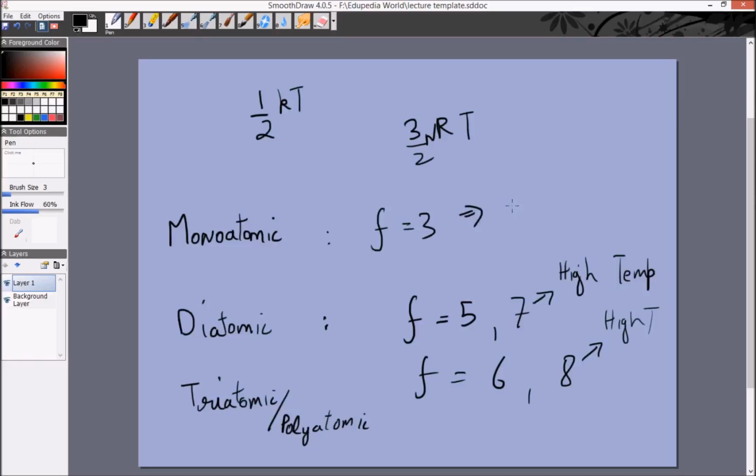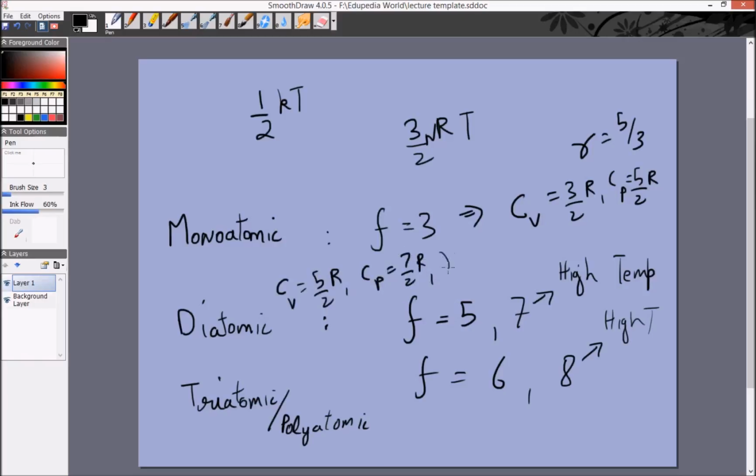This means that for monoatomic gases, Cv is equal to 3 by 2R, Cp is equal to 5 by 2R, and gamma is equal to 5 by 3. Remember, as soon as we know say Cv, we know Cp and gamma. Instead of 3 by 2 nRT, 3 by 2 R is Cv. Here it will be 5 by 2 nRT. So for diatomic gases, Cv is 5 by 2R, Cp is 7 by 2R, and gamma is 7 by 5.